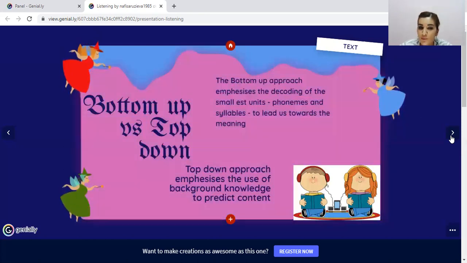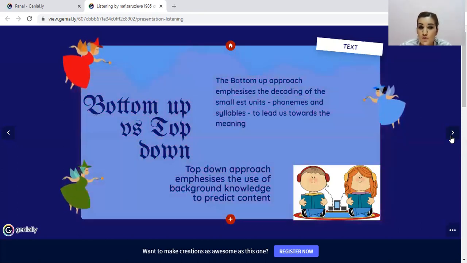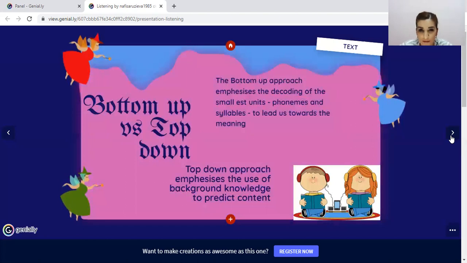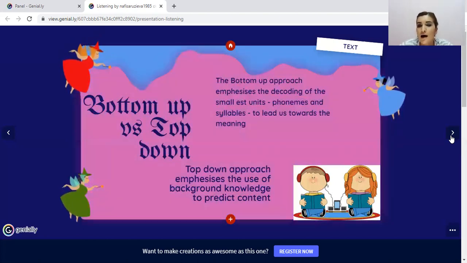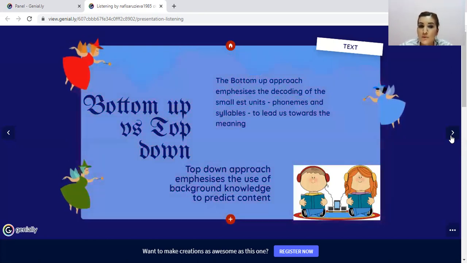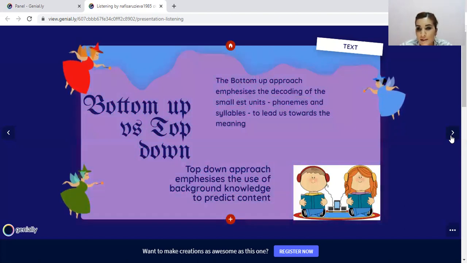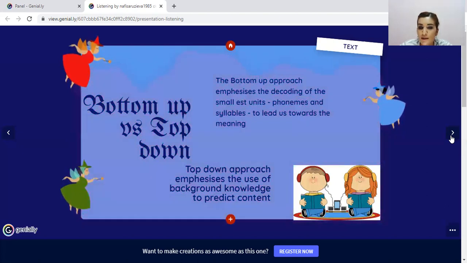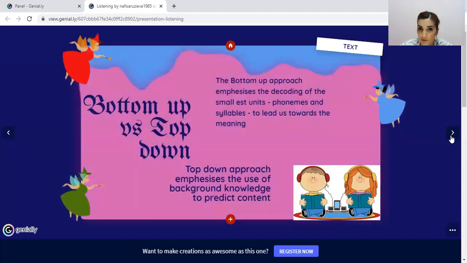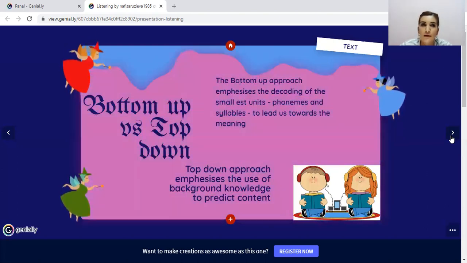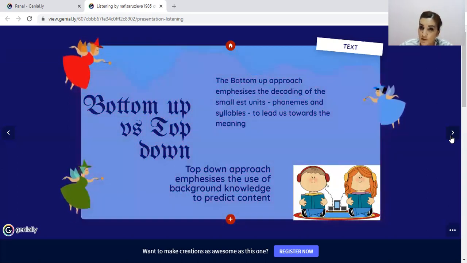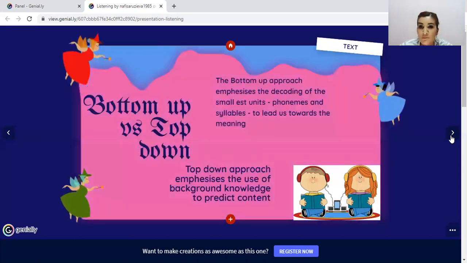And the top-down approach emphasizes the use of background knowledge to predict the content.